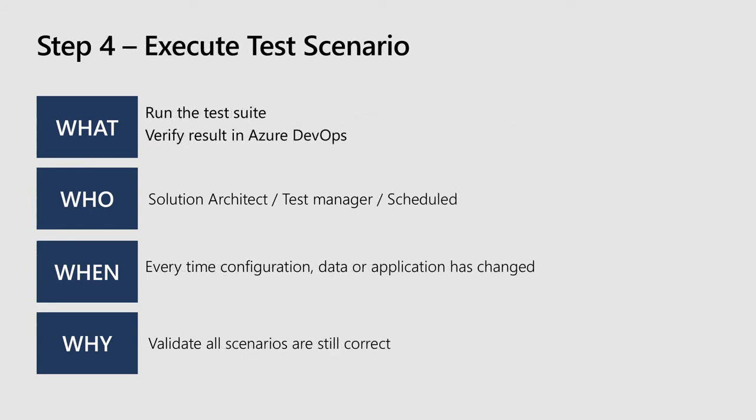You can run the test suite, and you can verify the results, which are all put in Azure DevOps, by the solution architect or test manager again. You can do this whenever you need to do a regression test, whether it's a service update or an updated customization package. Then you can get your results to verify that your scenarios still work.